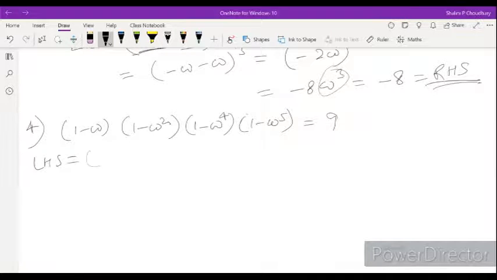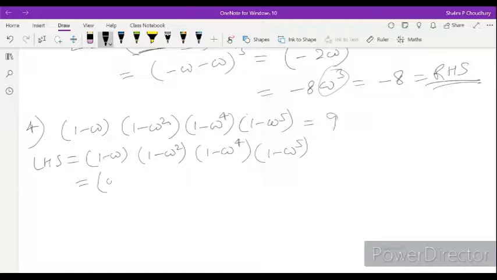Now (1 minus omega)(1 minus omega square)(1 minus omega to the power 4)(1 minus omega to the power 5). How will we do this?